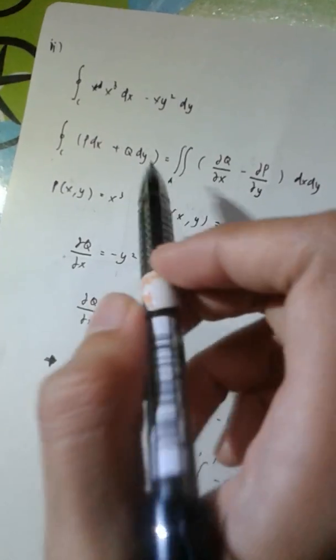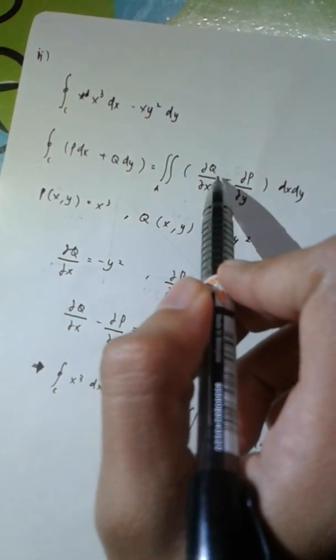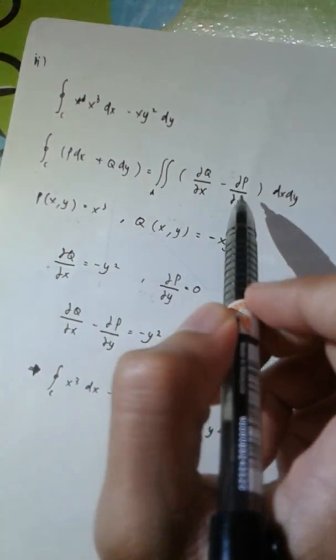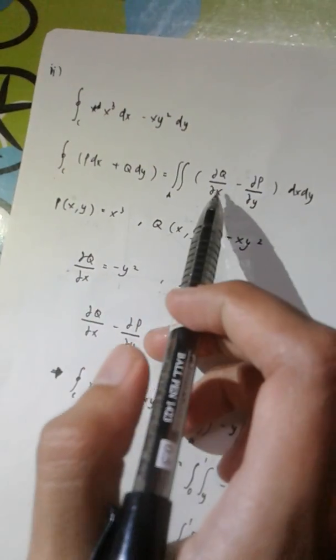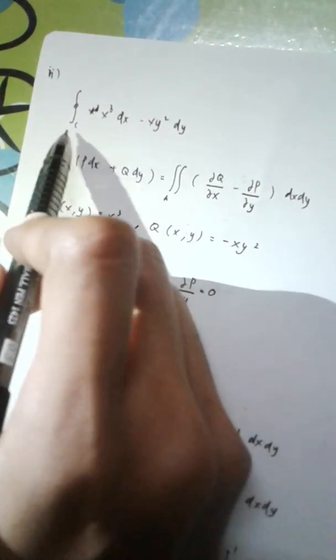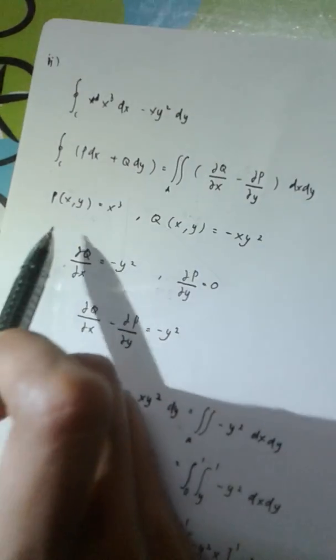So we have to use this Green's theorem. We have to find first delta Q over delta x and delta P over delta y. To find them, we have to use the equation given in the question.